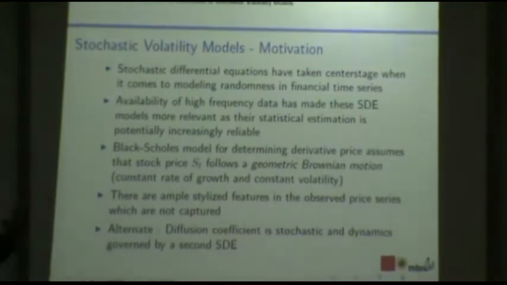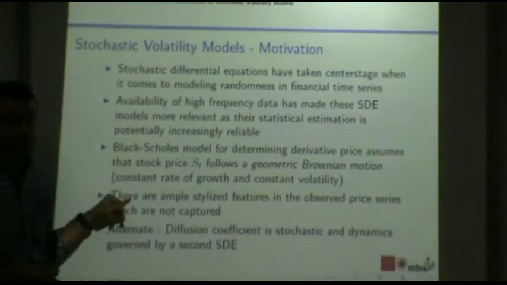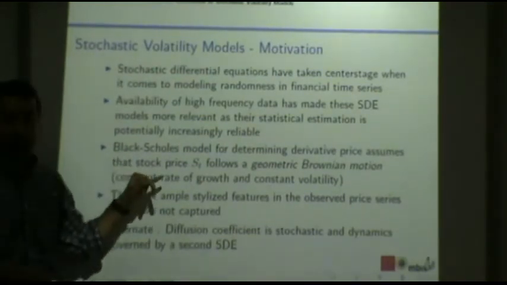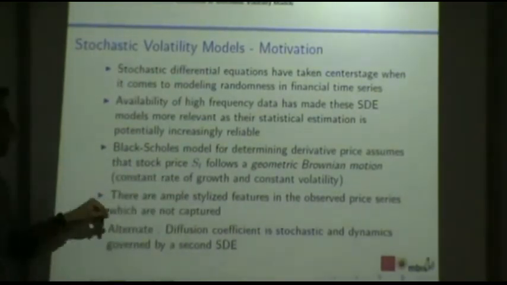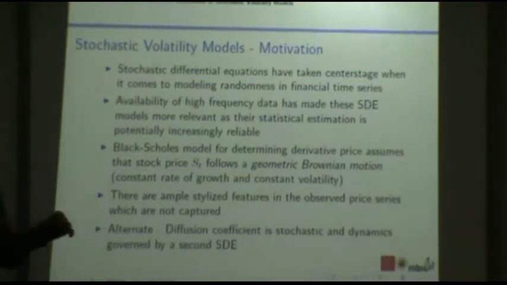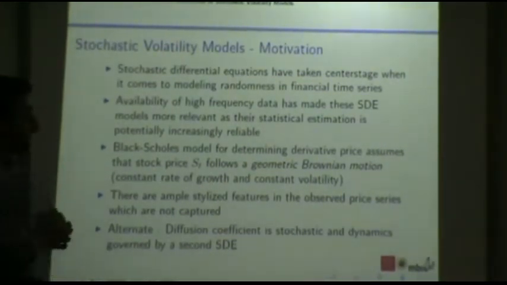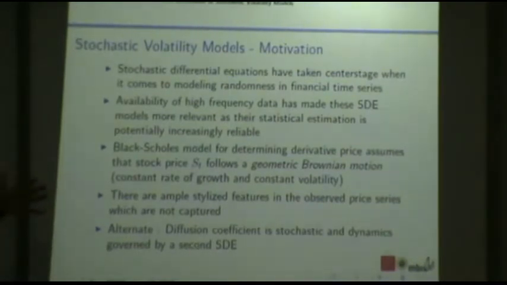Okay, so that is a strong assumption, and it has been shown to be a very strong assumption. It has been studied that the Black-Scholes framework doesn't capture all the stylized features observed in asset prices. Some of them being that the volatility, which is assumed to be constant, is in fact not constant. That is a very, very strong assumption here.